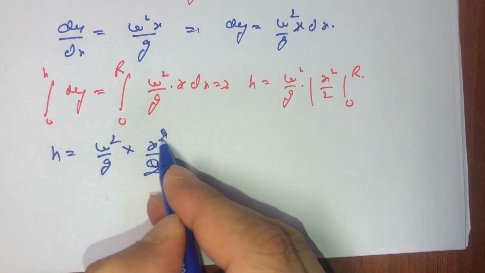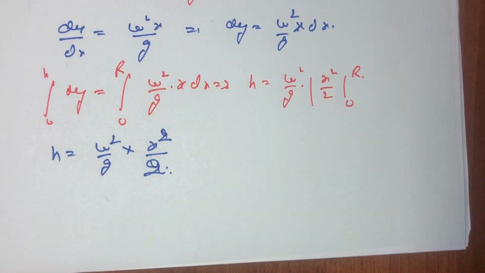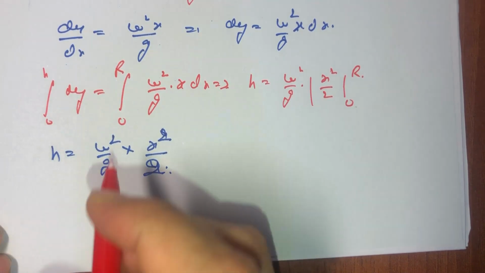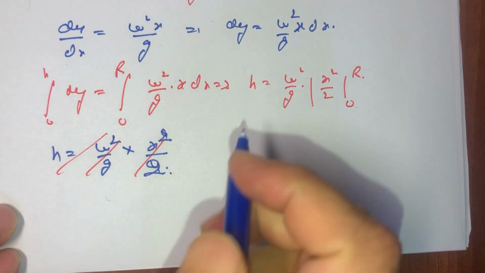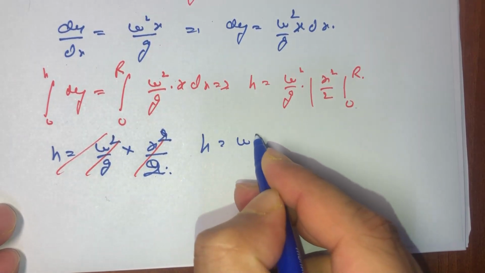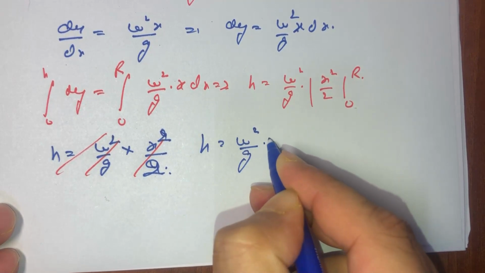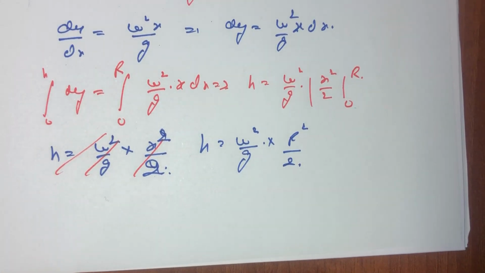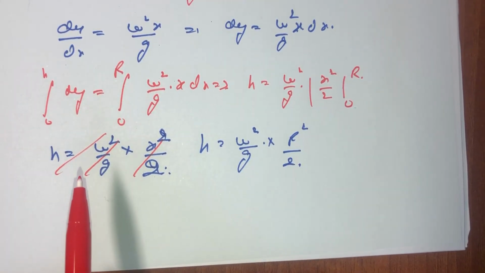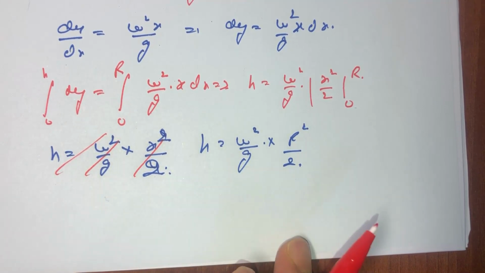Sorry, not x but r. So we can say h is equal to omega square by g multiplied by r square by 2. Now it's correct.